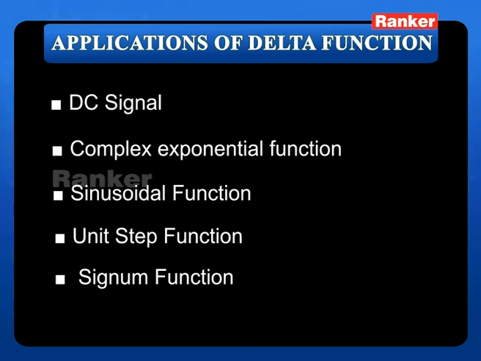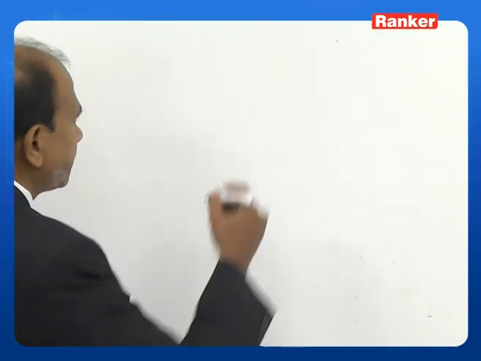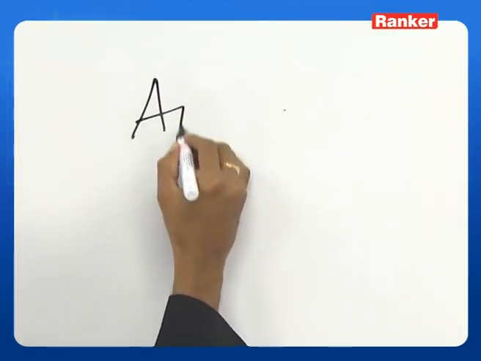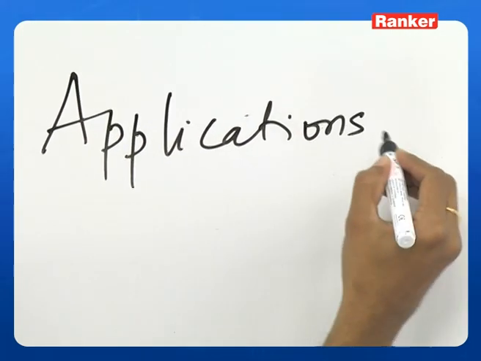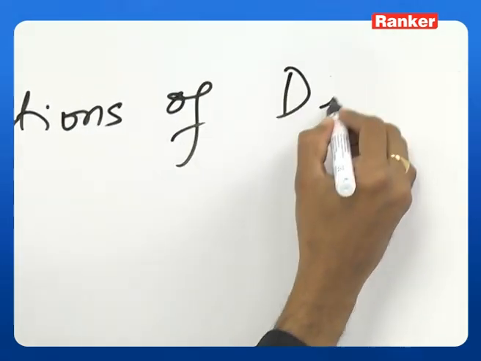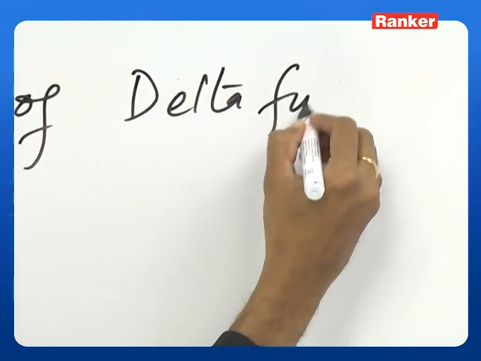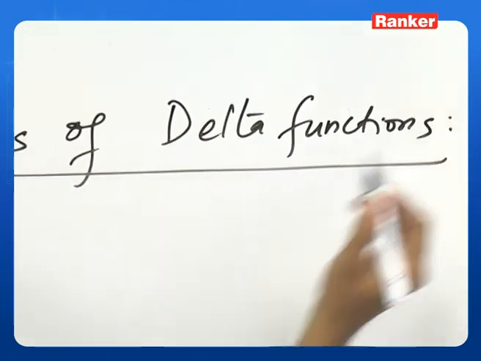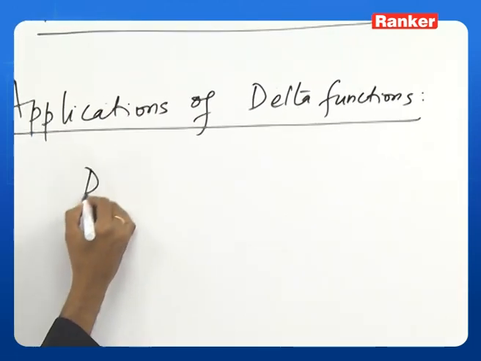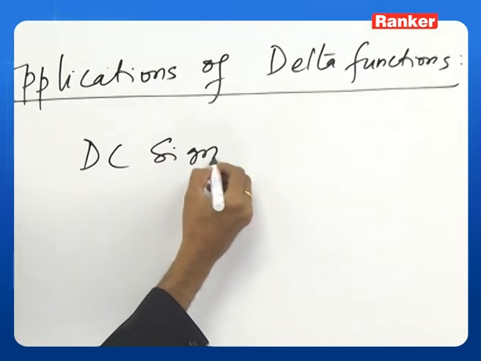The first one, let us see, is what is called a DC signal.